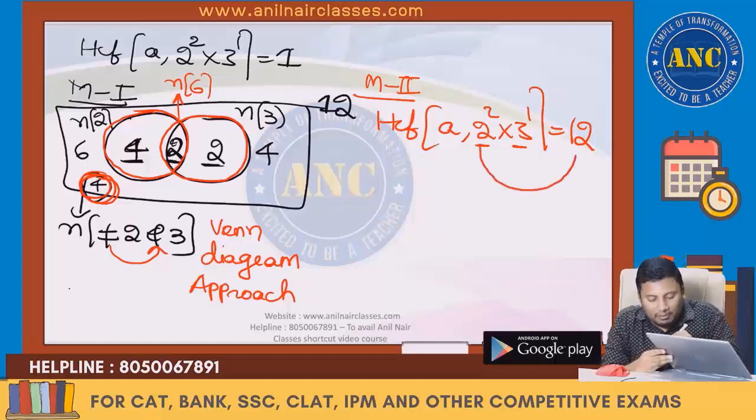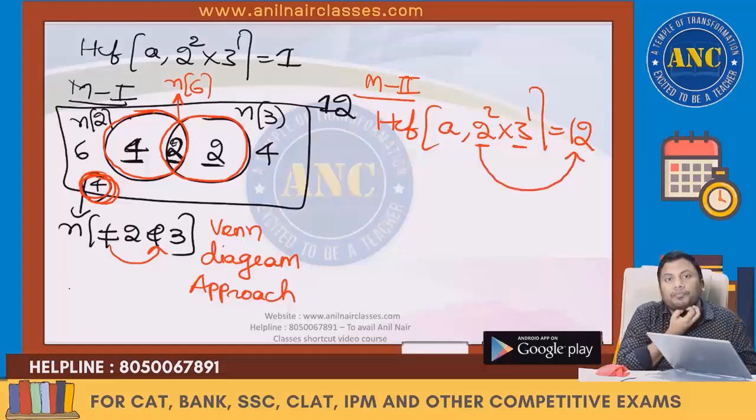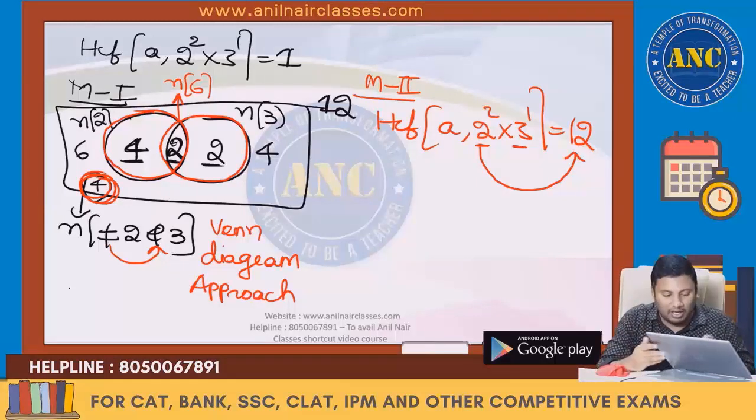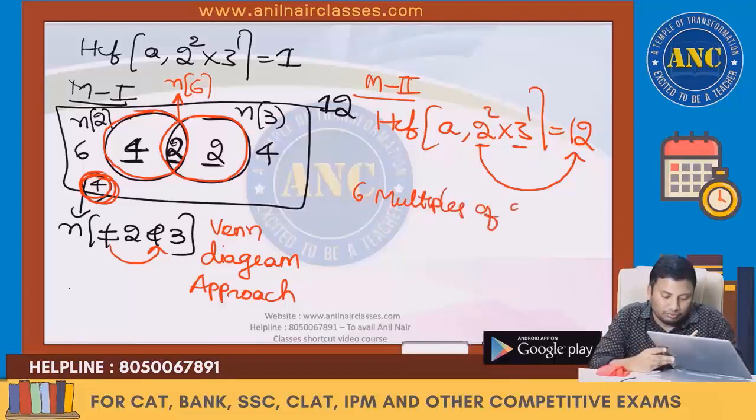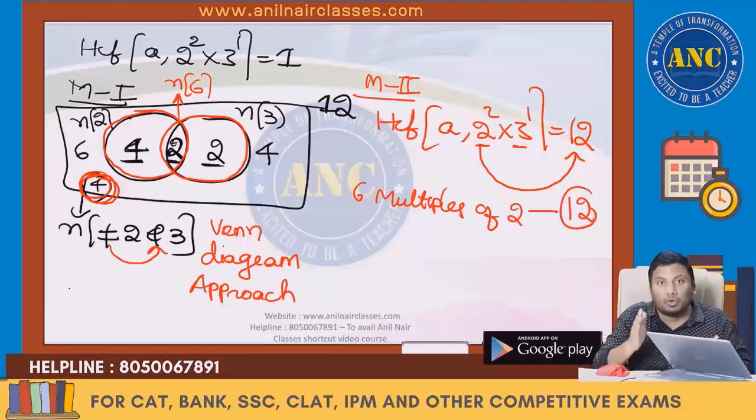How many even numbers will divide 12? 2 ones are 2, 2 twos are 4, 2 threes are 6, 2 fours are 8, 2 fives are 10, 2 sixes are 12. Total there are 6 multiples of 2. Clear, right?